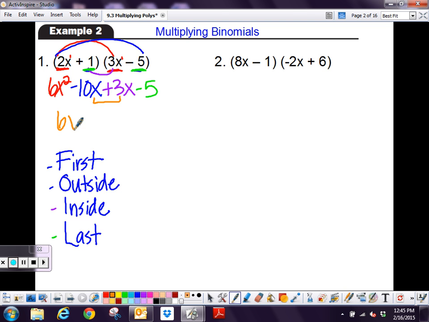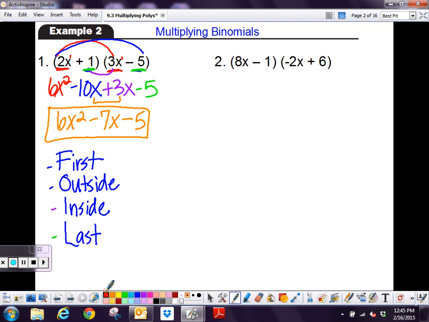So I have 6x squared. I have negative 10x plus 3x, and negative 10 plus 3 is a negative 7x, and then I still have that minus 5 at the end. And that's our answer. We can't combine anything else because we don't have any other like terms. So that's your final answer.